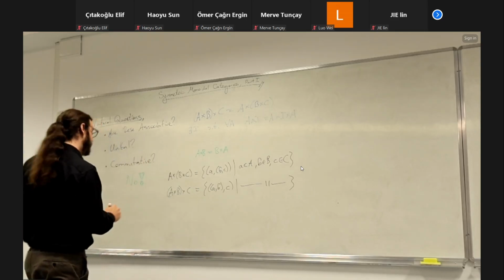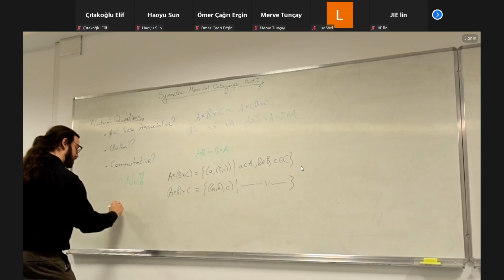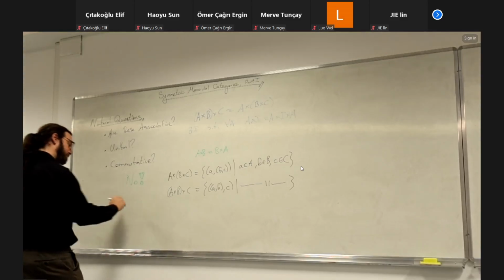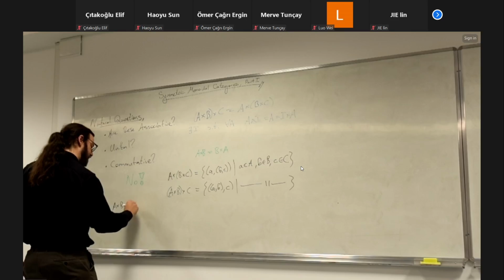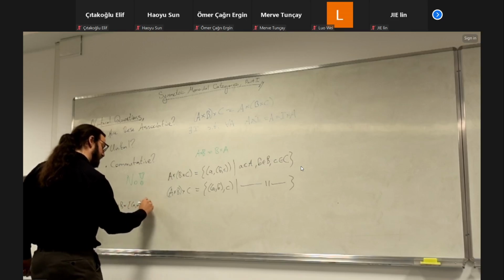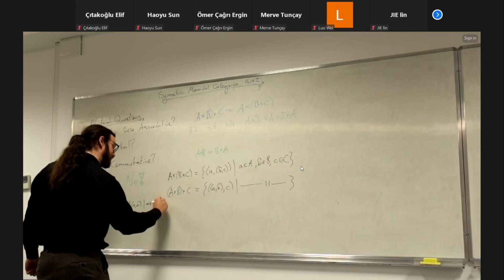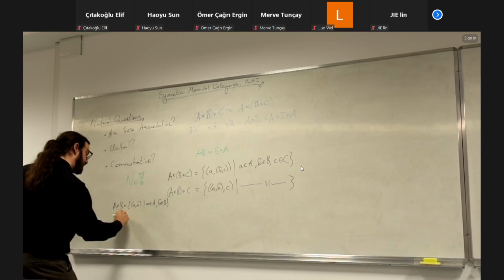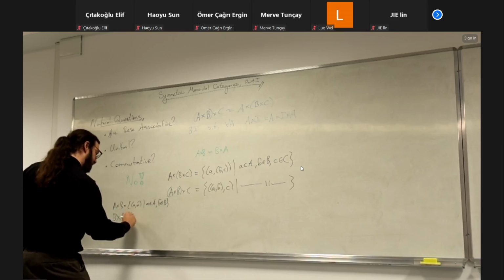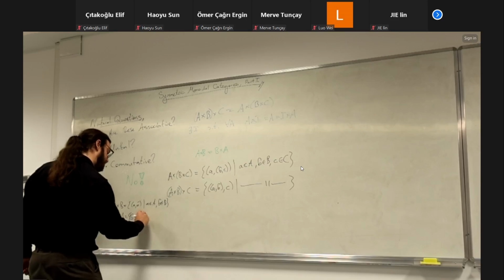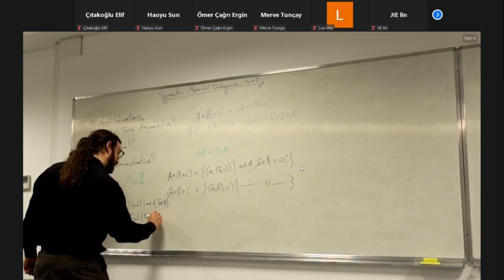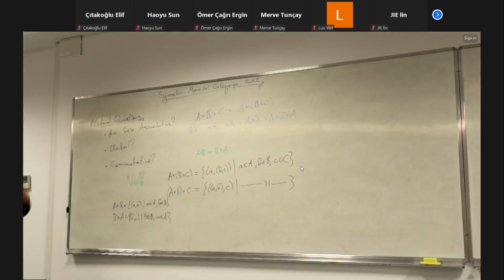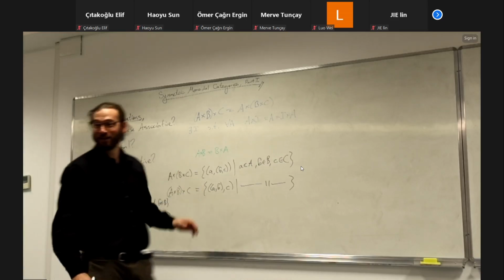And similarly, A cross B is the set of AB, A in A, B in B, and B cross A is the set of BA, B in B, A in A. So again, it's a bit of a mean bait and switch.